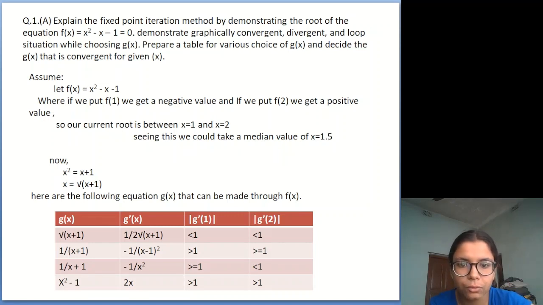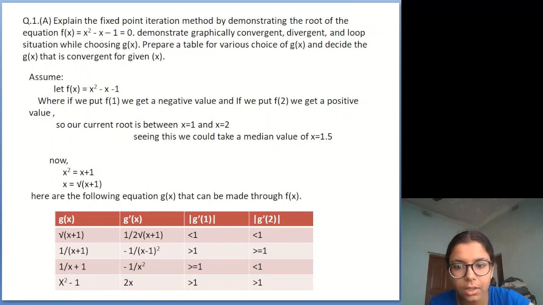So we have two columns, that is g(x) and derivative of g(x). After seeing this, we would put the value of 1 in the derivative of g(x), and through that we could conclude that the first value was less than 1, then the next value was higher than 1, the next value is higher than 1 and it was equal to 1, and so on.